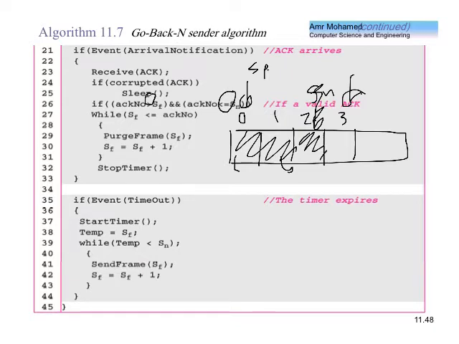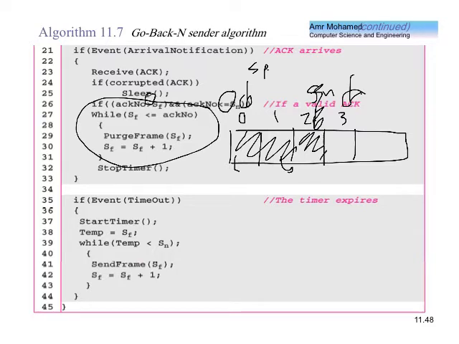Okay? So in that case, I need to slide the window. And that's why the accumulative acknowledgement accounts for the fact that we have a loop here. Not just slide the window one position.